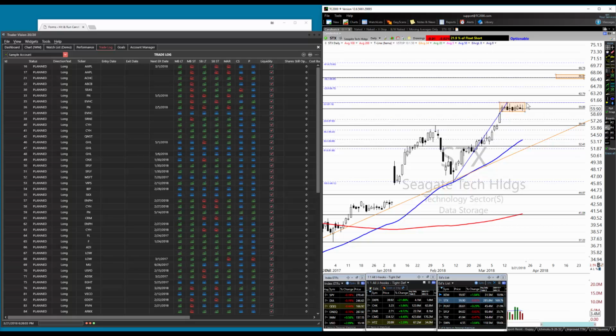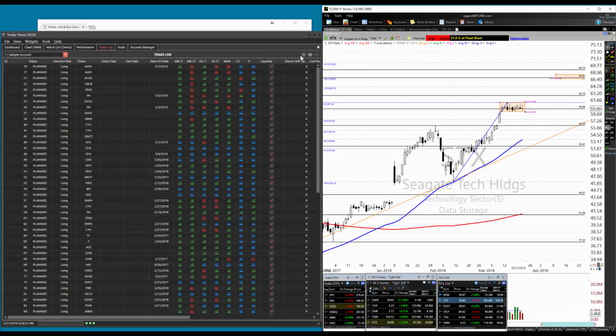So I'm waiting for a pop out of the box here and looking for an entry right along in there with a stop right around in here and a first target right up in there.